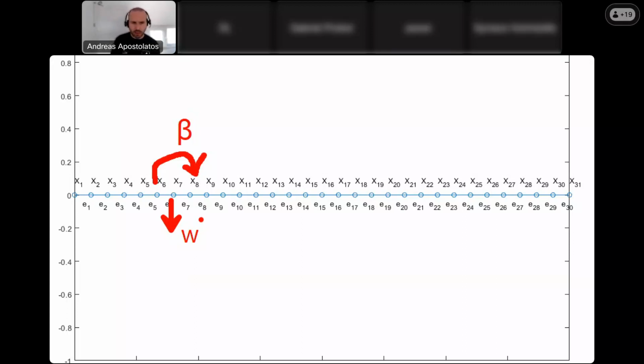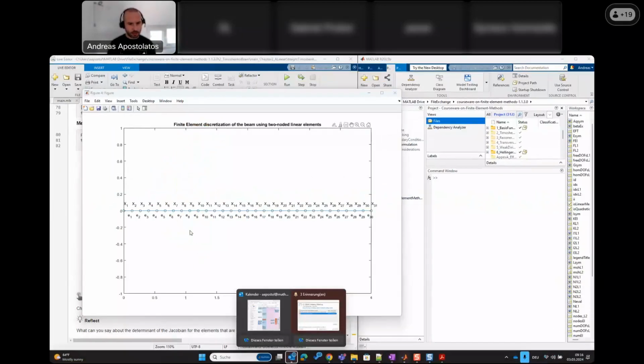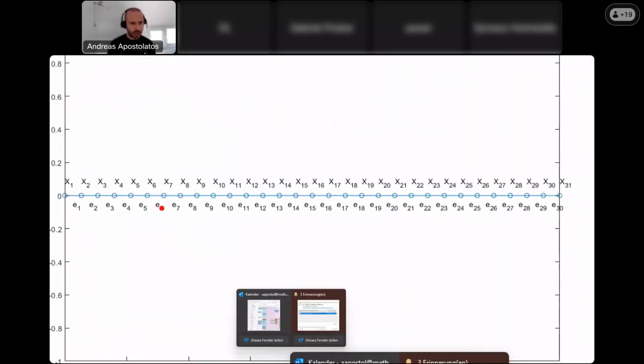From what I can tell here, the degrees of freedom are defined on the physical space. Beta and W are not described on the parametric space, or well, they're described with the help of the parametric space, which means that beta is a function of psi. Sorry, let's try that again. So in each node we have a vertical deflection and a cross-sectional rotation, and that's going to be a beta of.